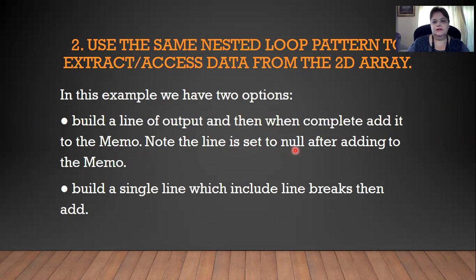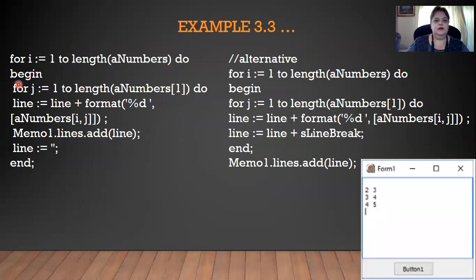Remember, null is empty after adding to the memo. The second option would be build a single line which includes line breaks and then add it to your memo. So here we've got 2 different examples, well, the same example written in 2 different ways.